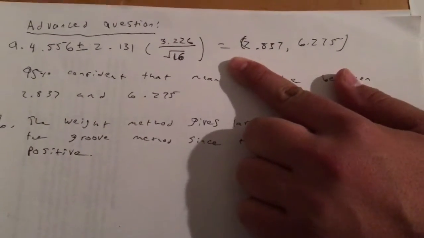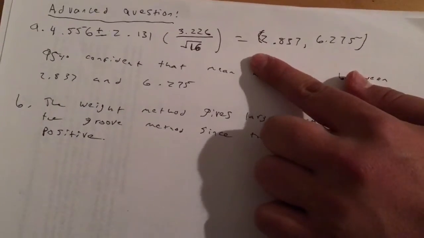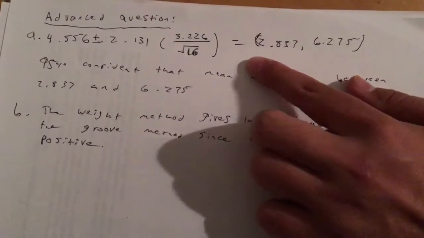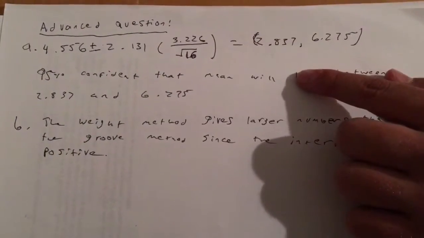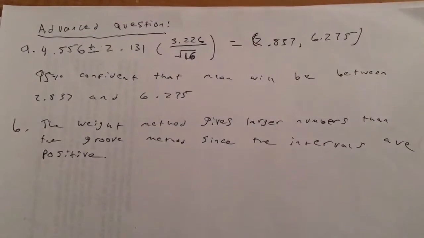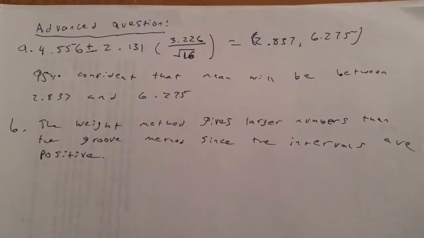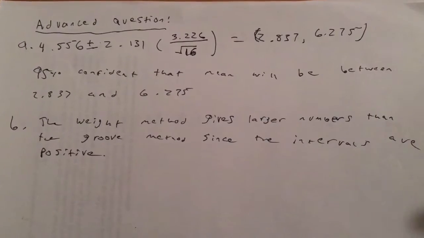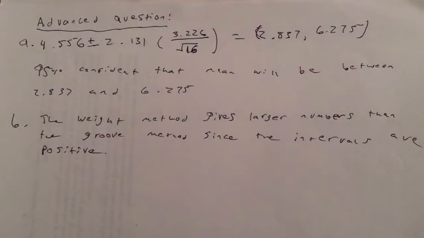When you add and subtract, the 95% confidence interval is between 2.837 and 6.275. So we are 95% confident that the mean is between these two numbers, and that's A.